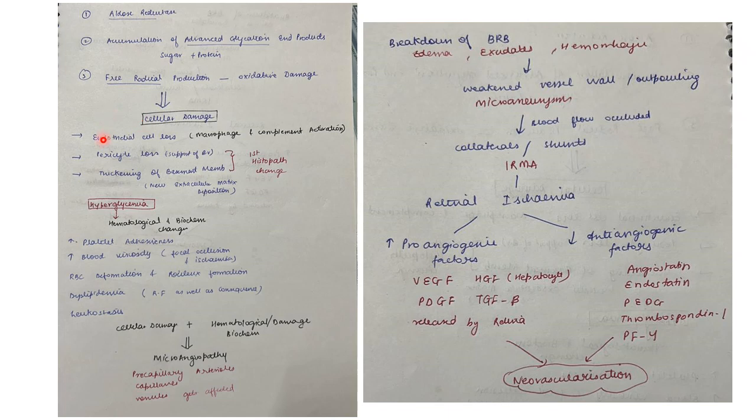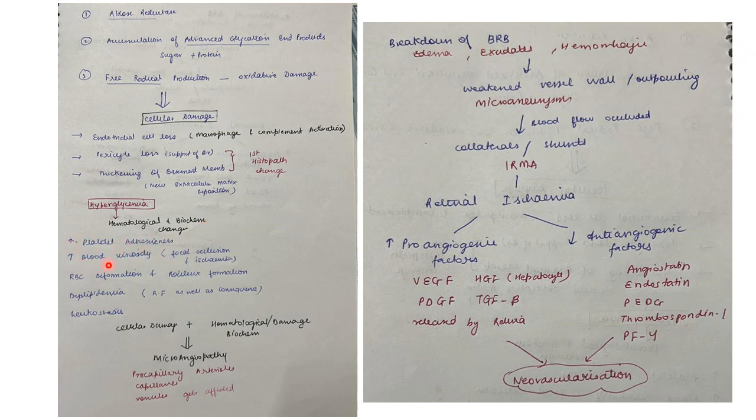This cellular damage comprises, so what does it result in? It results in endothelial cell loss, pericyte loss, and thickening of basement membrane. Pericyte loss is the first histopathologically evident change in cases of diabetes. Then what does hyperglycemia do? Hyperglycemia causes hematological and biochemical changes. What are these changes?